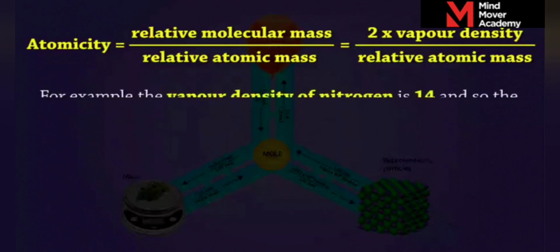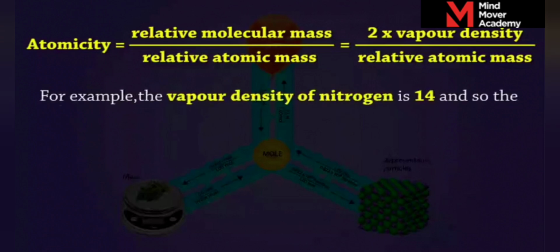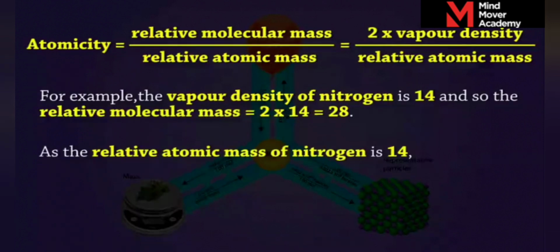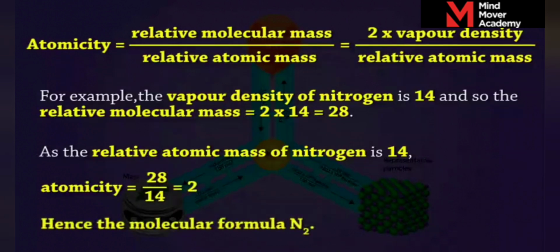For example, the vapor density of nitrogen is 14, and so the relative molecular mass is equal to twice 14, which is 28. As the relative atomic mass of nitrogen is 14, the atomicity is equal to 28 by 14, which is 2, hence the molecular formula N2.